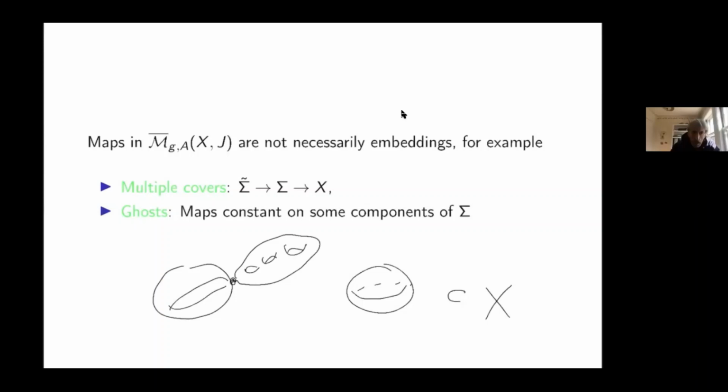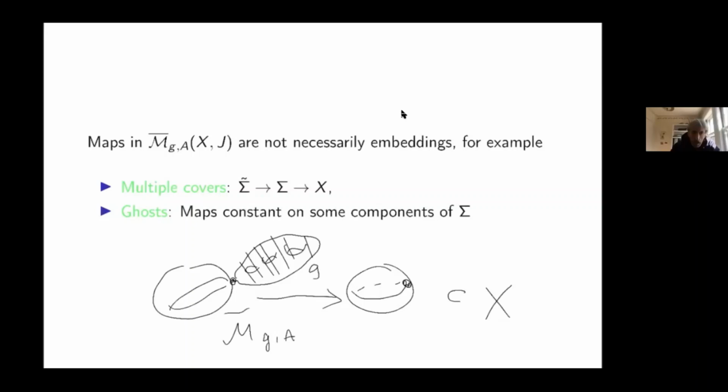So you consider this nodal Riemann surface with two components, and you take the map which is the identity on the sphere component and maps everything else to a point. Such a map will represent the same homology class. It will have a different genus, but it's a perfectly fine element of the moduli space.